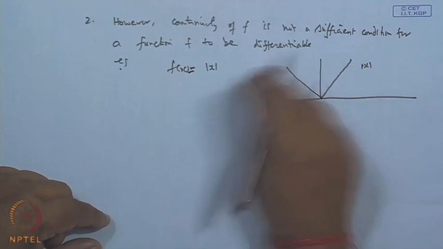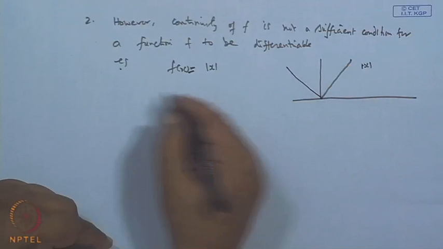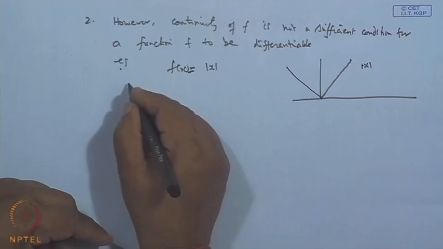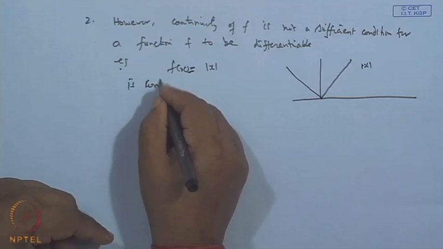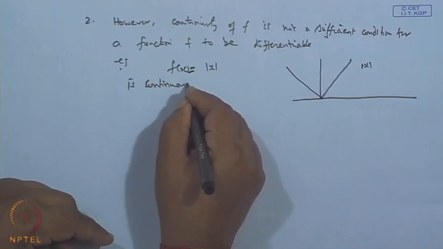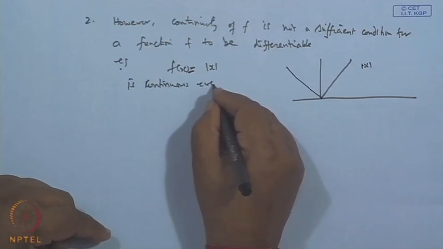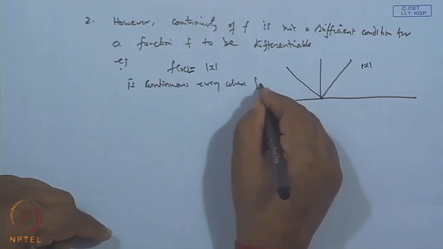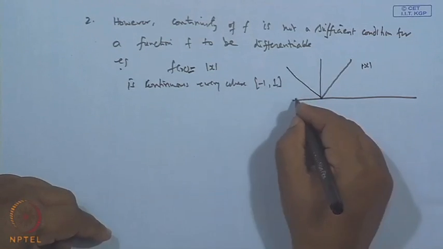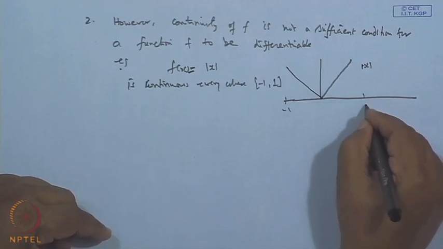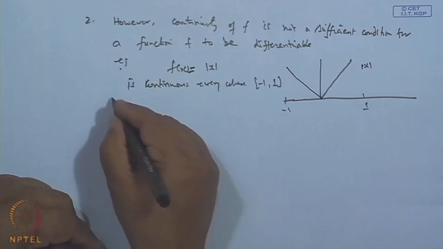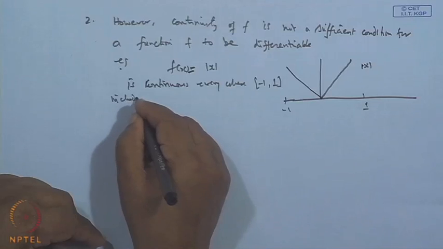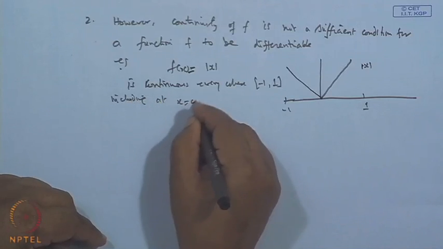Now, it is a very smooth curve, it is a continuous curve. In fact, the function f x is continuous everywhere, say, in the interval minus 1 to 1, including at the point x equal to 0.